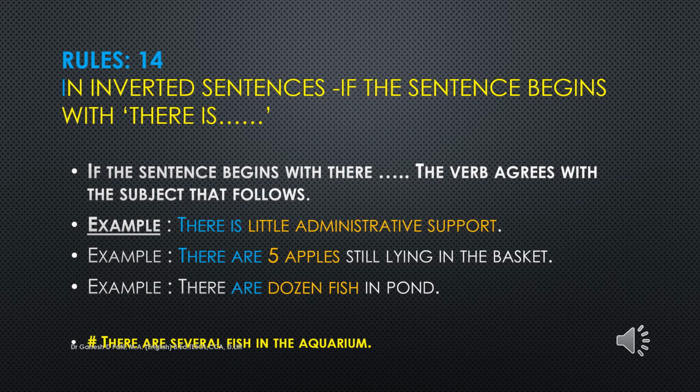There are agrees with 5 apples still lying in a basket, that follows the verb. There are a dozen fish in the pond: the verb agrees with dozen fish, which actually comes after the verb. So here you need to remember that the verb agrees with the subject that follows in inverted sentences.